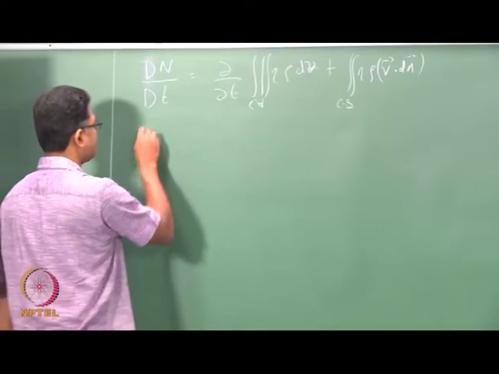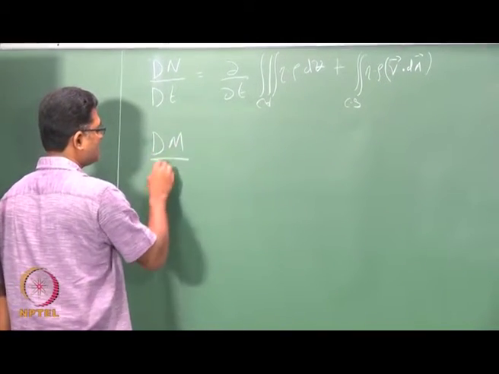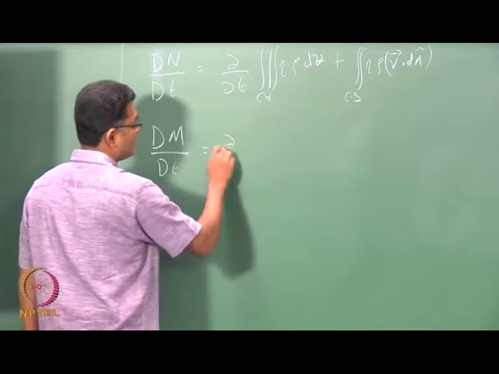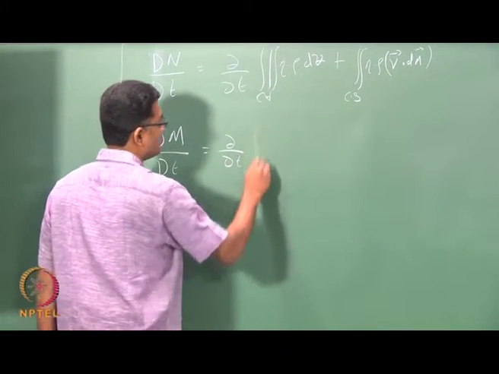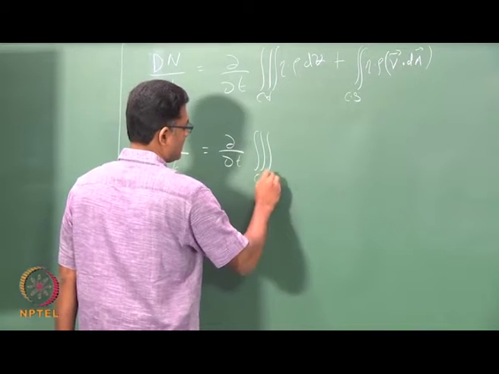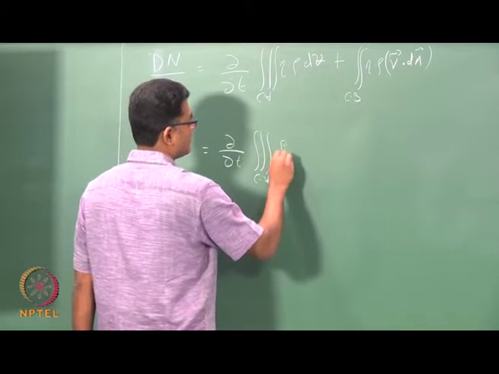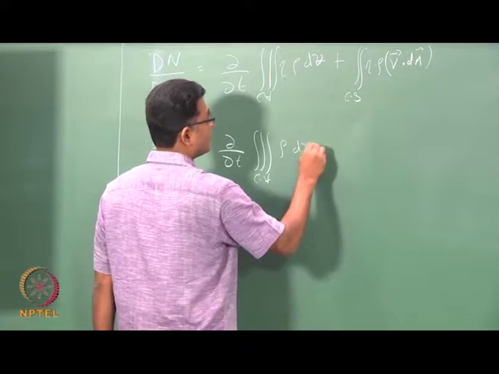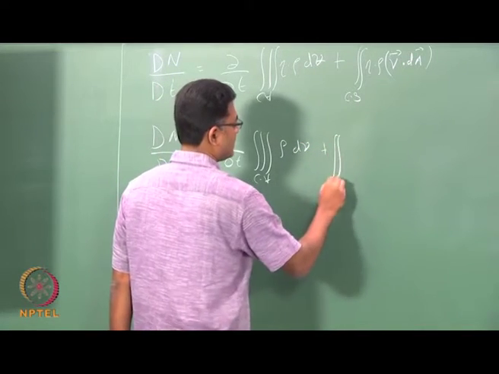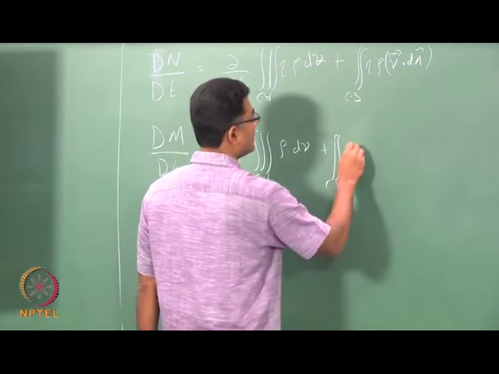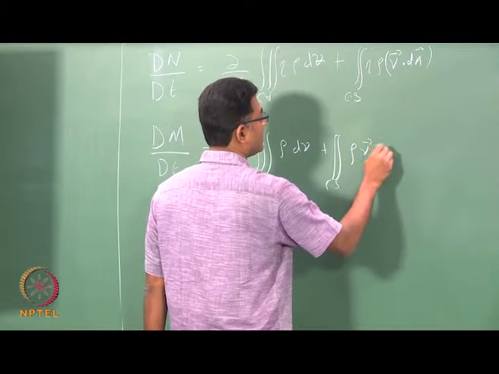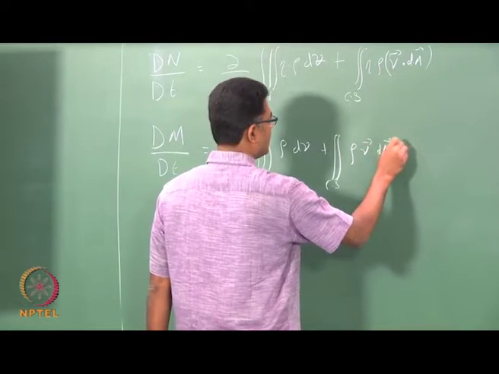If the property is mass, we have seen the value of eta is 1, so the term is the control surface integral of rho V dot dA.